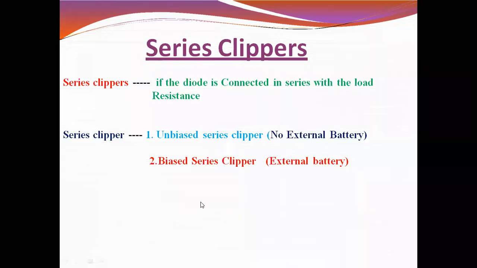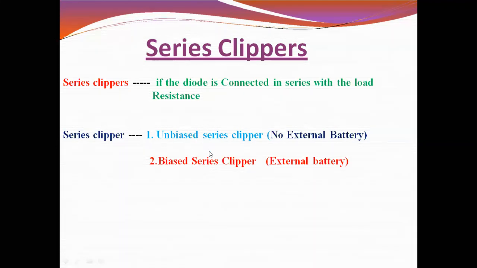Here the series clipper is nothing but if the diode is connected in series with the load resistance, then that is called series clipper. Coming to the types of the series clipper: unbiased series clipper and biased series clipper.